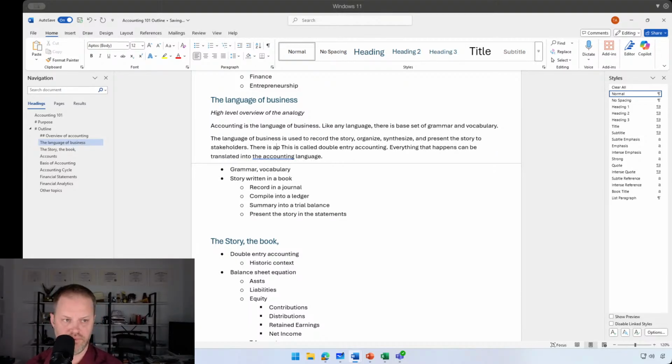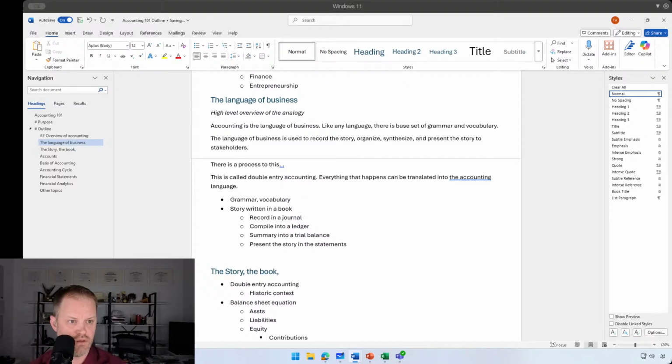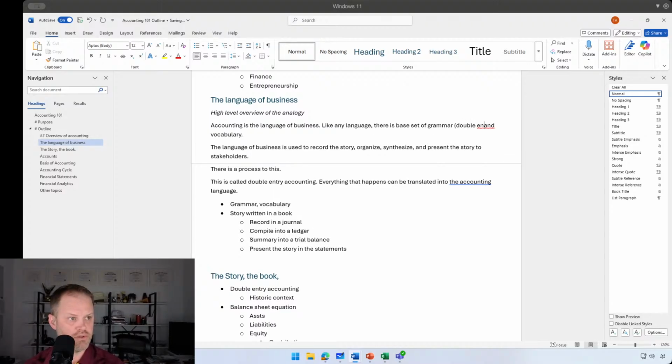There is a process to capture, or there's a process to all this. The language, grammar. So this is double entry accounting is the grammar. Vocabulary is like accounts, concepts.